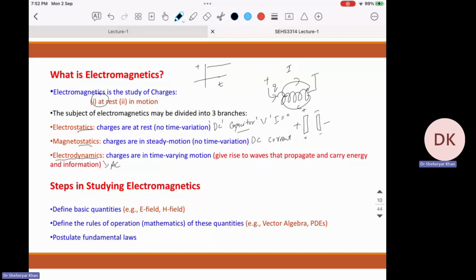Again, that's dynamic. If a coil has a magnetic field and I'm rotating it, that means I am changing the magnetic field. I'm asking the magnetic field to change. That's called dynamics, motion, right? Where do you see this kind of principle? Generator.